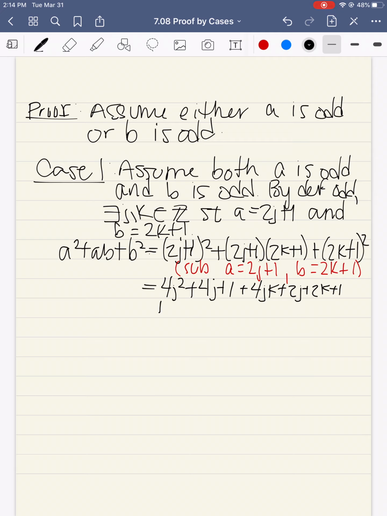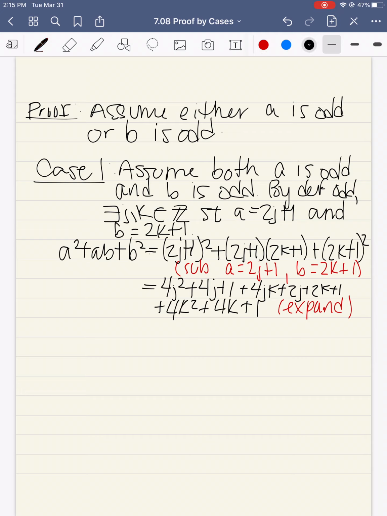I'm running out of space quickly here, so plus 4K squared plus 4K plus 1. And if I go ahead and simplify, well, let me justify here. So we're just expanding our expression. I want to simplify.